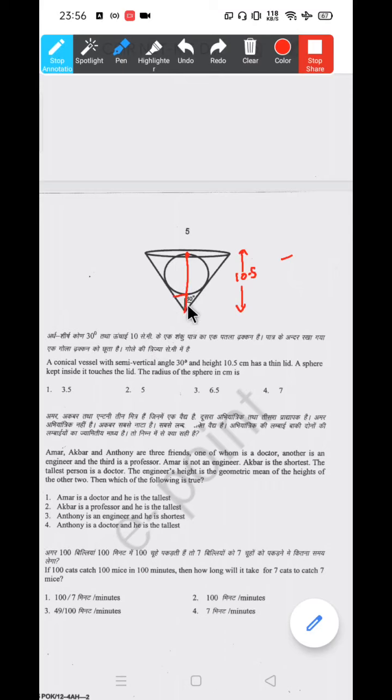You need to use this angle 30 degree. I think I remember some formula. If there is a sphere and something like this, then the ratio of this used to be. But here we are getting the angle actually. We are giving this angle.